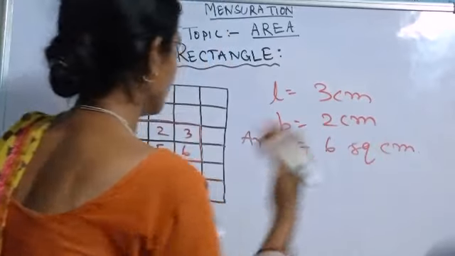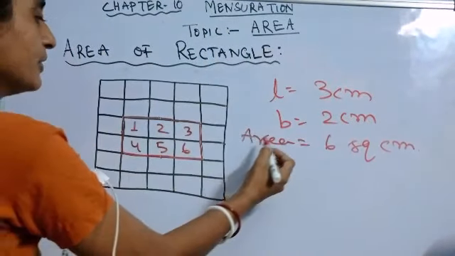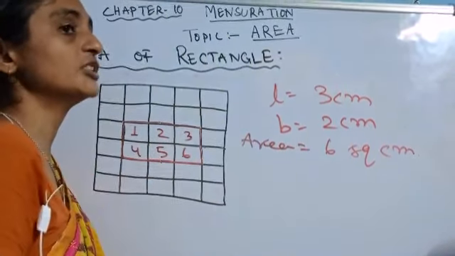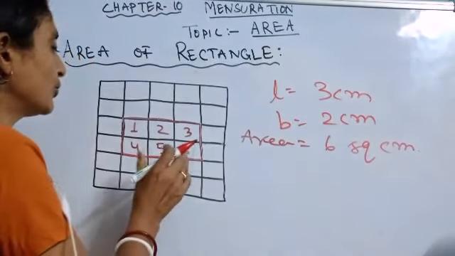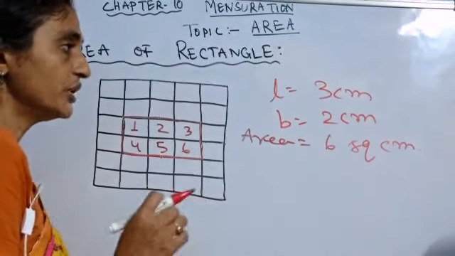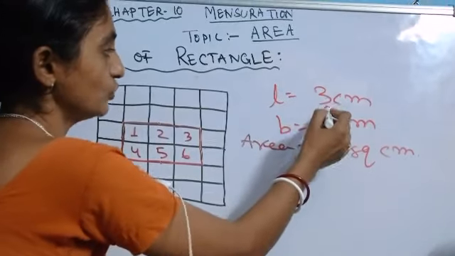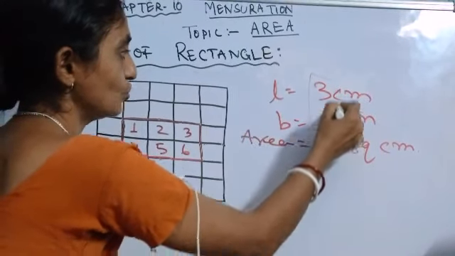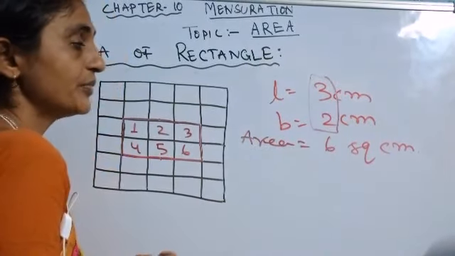Now I have written this by counting, but for a big size you cannot put it on the square paper, so you need some shortcut. Here you might have noticed, if I multiply these two, I get that area. Yes or no?